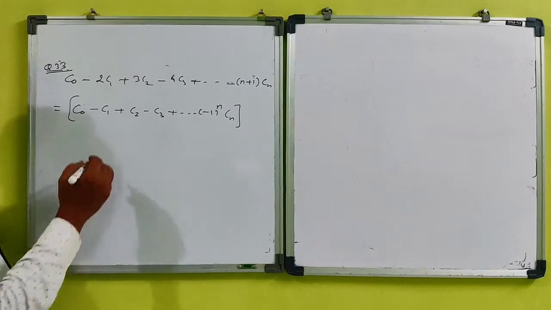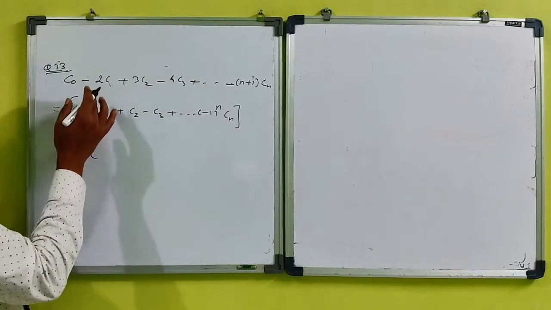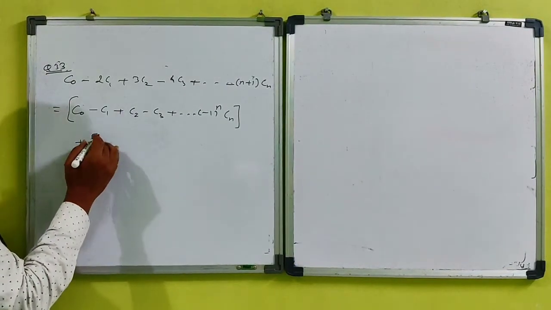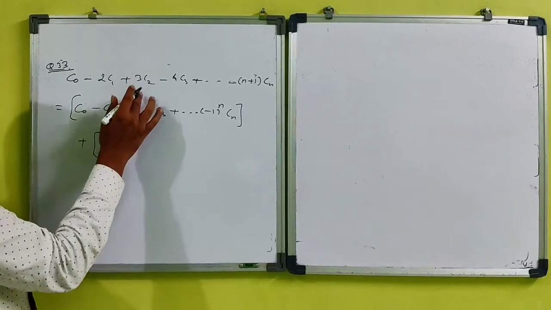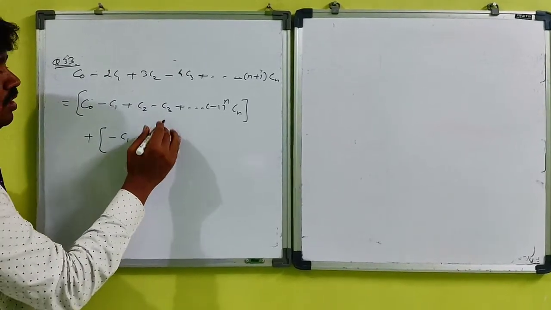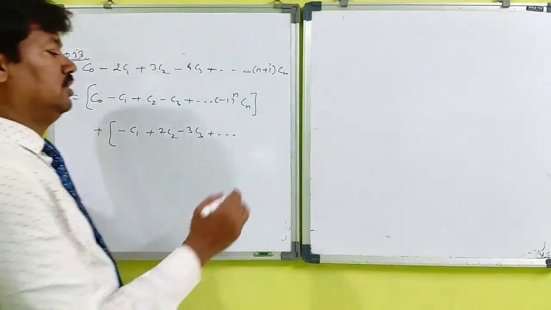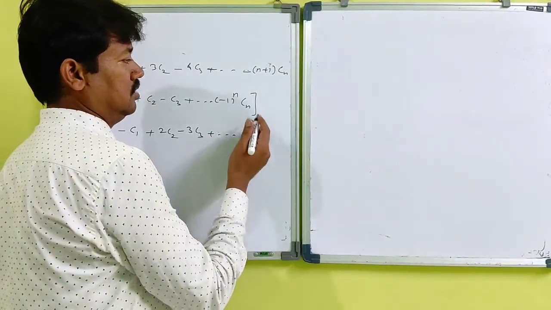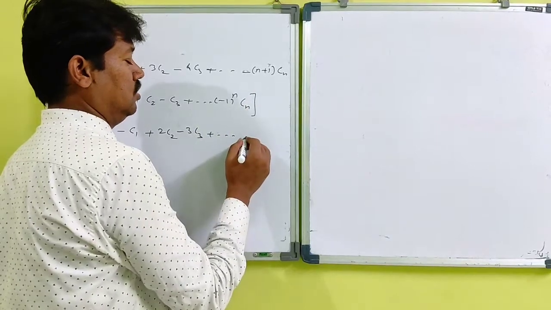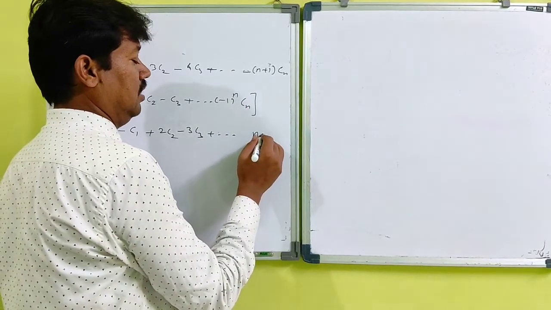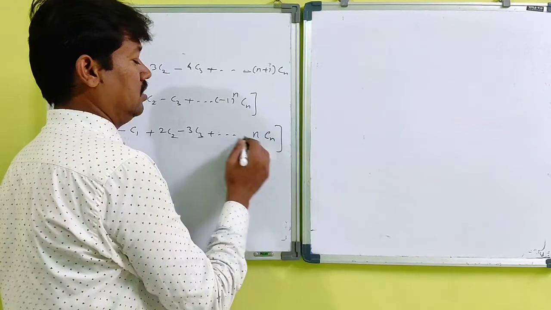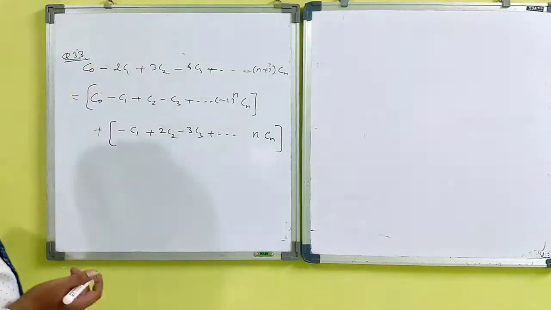And then what remains in the other bracket? One goes from here, so what remains is minus C1, then 2C2, then 3C3, like this. At last what remains is minus 1 raised to n into nCn. The power of that sign we don't know, whether it is plus or minus.